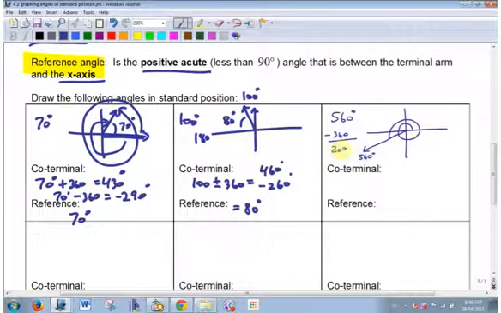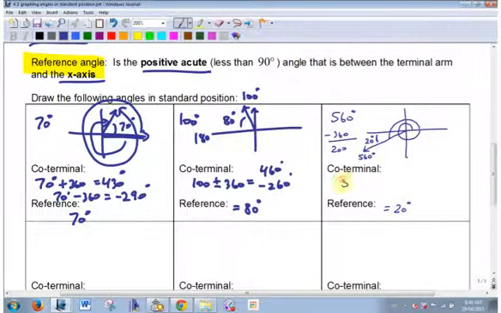And then you look here and go, okay, that's like 200. Ignore the 360. This is 180. So let's just do the reference angle right off the bat. What would that have to be? 200 minus 180 is 20 degrees. Okay?